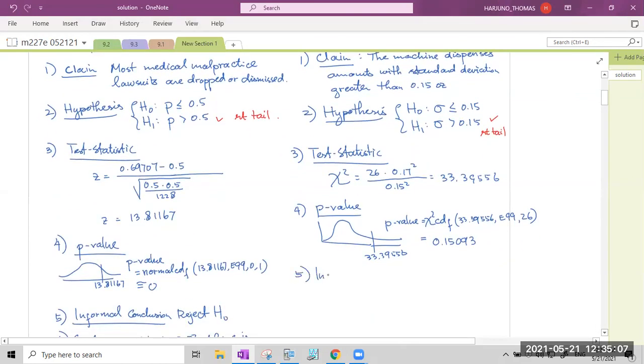So informal conclusion, fail to reject null hypothesis. And finally, conclusion.